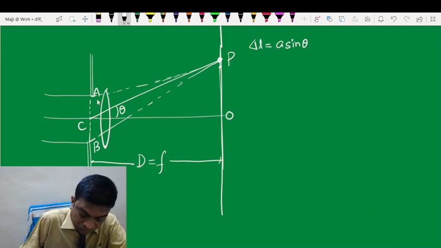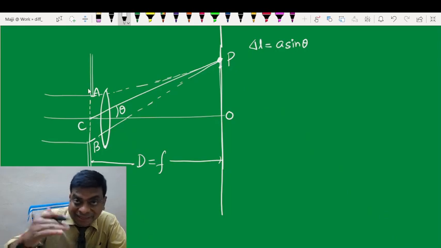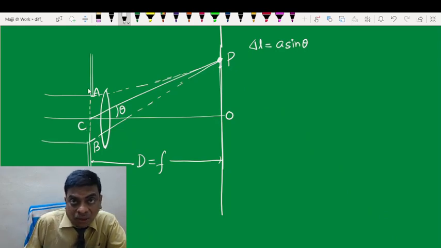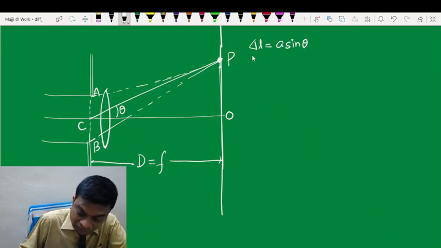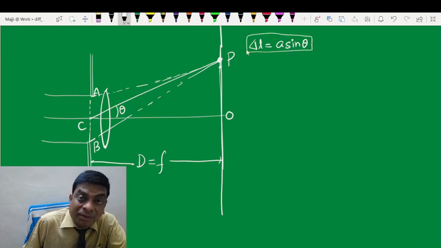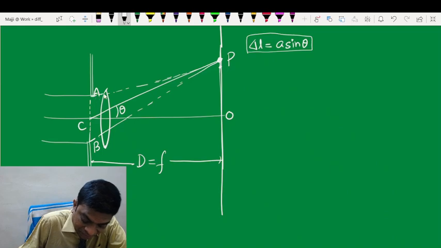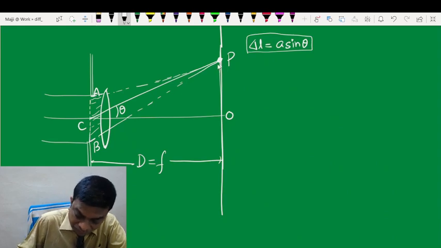Okay. So remember, A and B are the extreme edges of the slit, upper edge and the lower edge of the slit. So we have calculated the path difference between these extreme secondary wavelets. Remember, secondary wavelets will be coming from all the points on the wavefront. Okay.